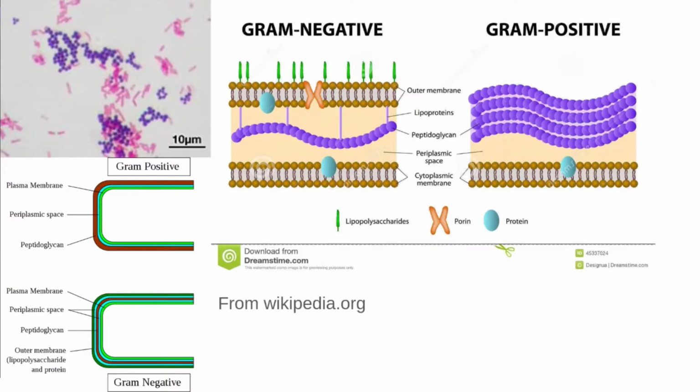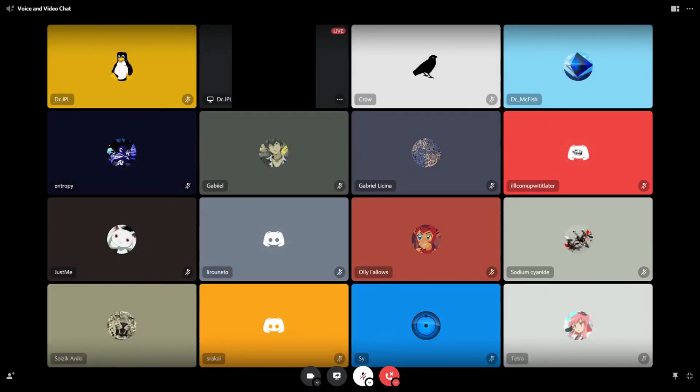Well, JPL, correct me if I'm wrong, but from what I read, when they differentiate, some will adopt a gram-positive or gram-negative structure. They would stack more peptidoglycan than others, and that's in the differentiation. That's when they have daughter cells. Okay.